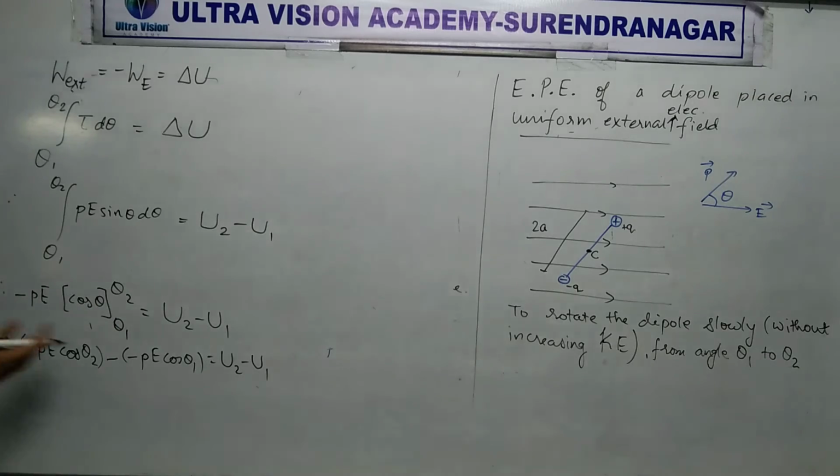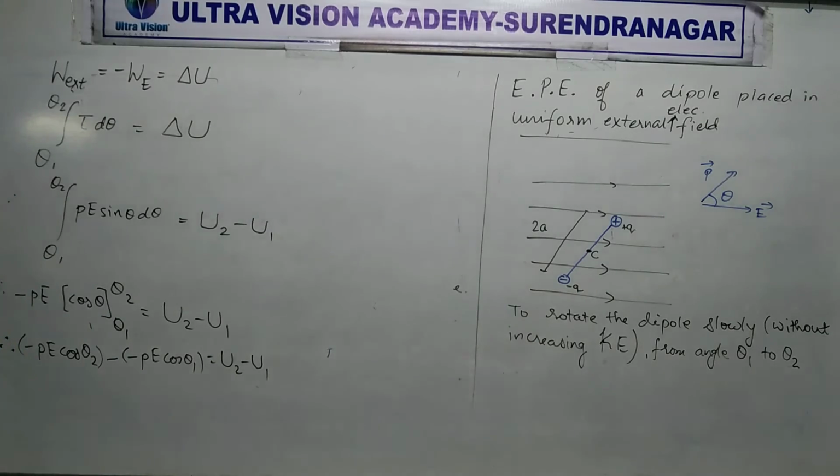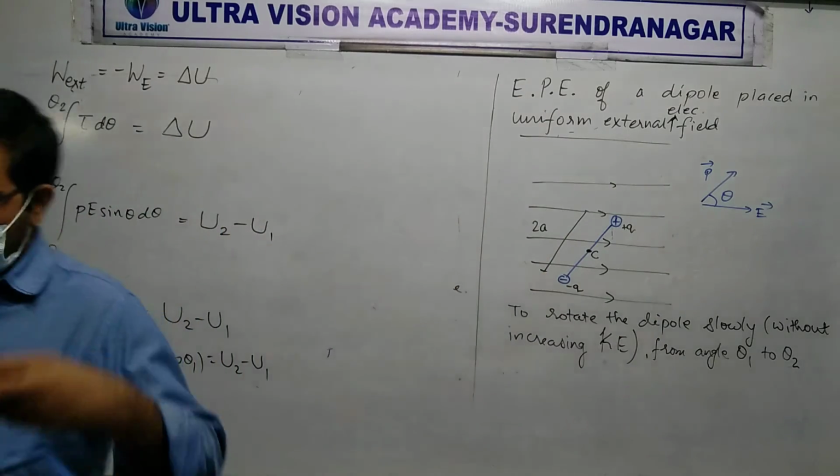The reason to write it in such a manner, I want to be clear, is that the right side is U2 minus U1, so I want to express everything ultimately in that form: something minus something. So this is U2 and this will be U1. It happens like this always.